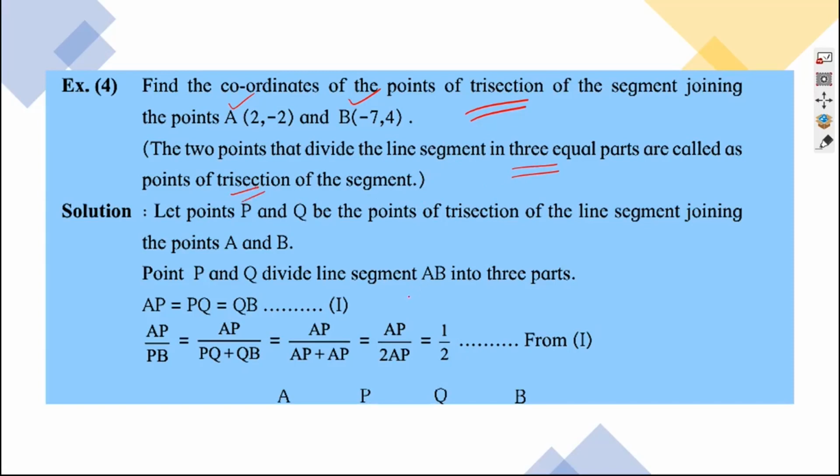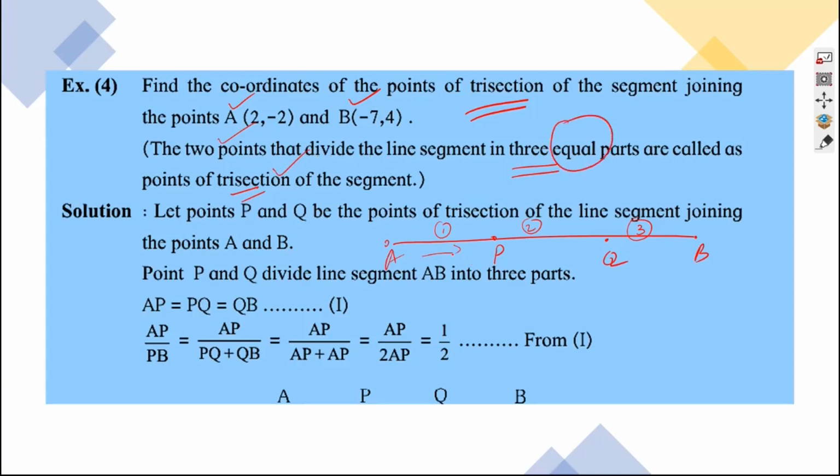What you have to understand is this: here is a line segment, roughly drawn, and A and B are the end points, and trisection has been done by 2 points. Let us put the 2 points, one as P and another as Q. Now what happened? 1, 2, 3. The line segment is divided into 3, so we call it trisection. Another thing is 3 equal parts.